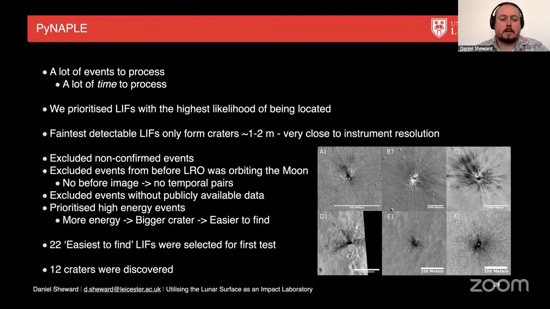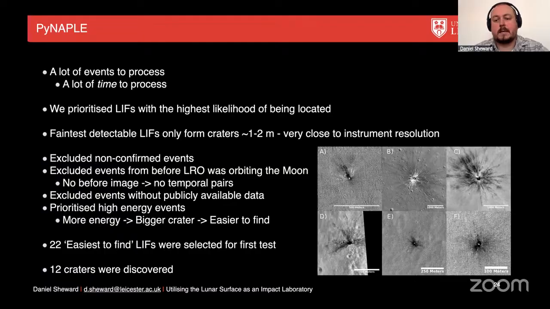So we selected the 22 easiest to find impact flashes and ran them through Pineapple and managed to find 12 of the craters from these impacts. Now, the reason it's only 12 is we only get estimated coordinates, and those estimates can be wildly off.